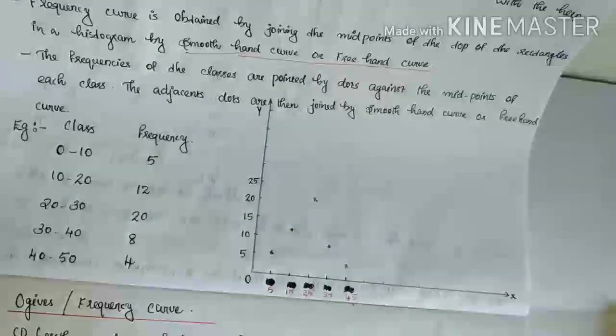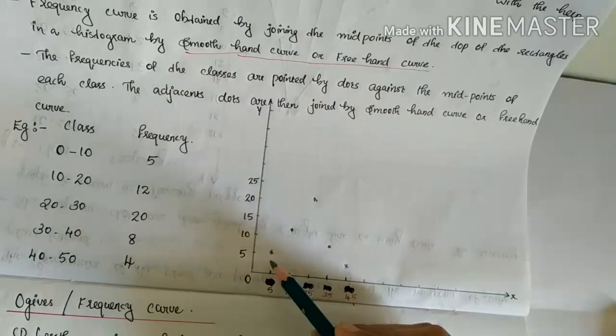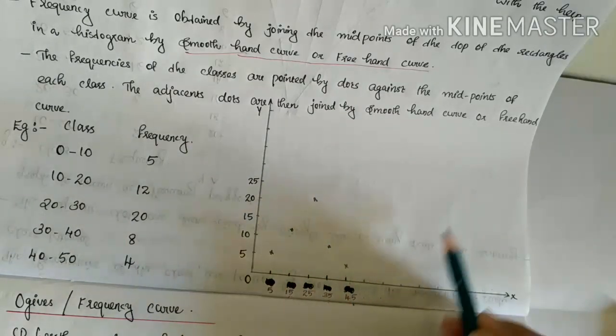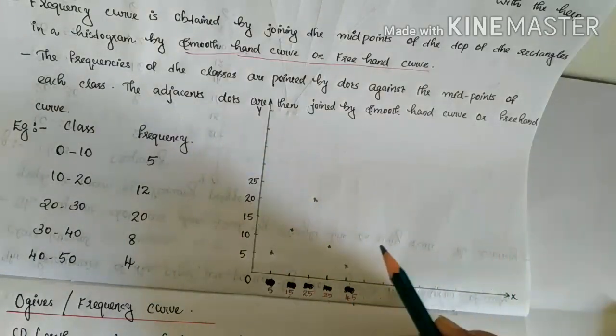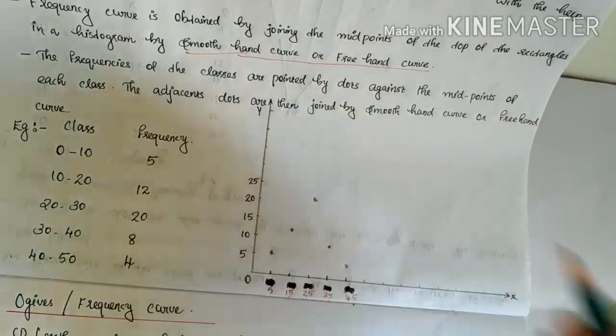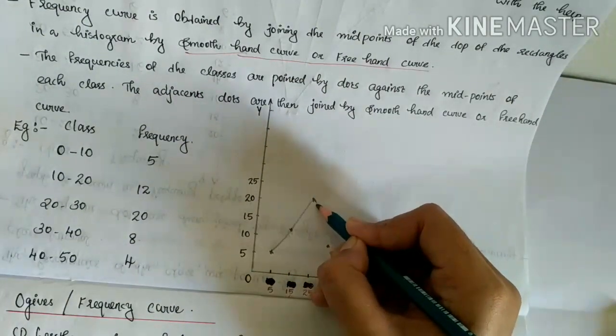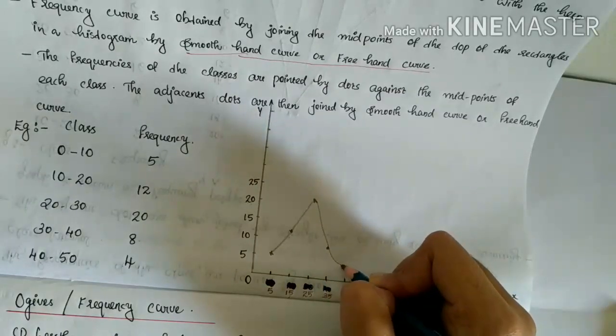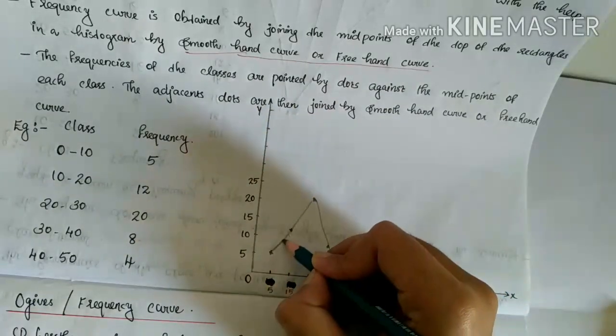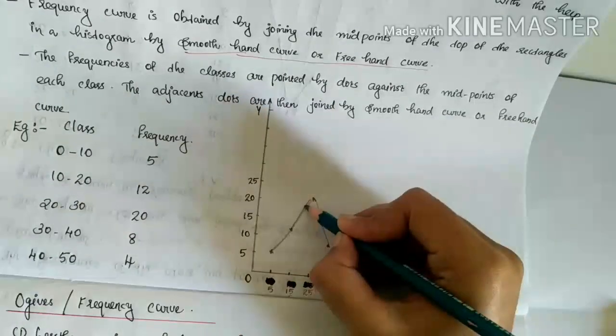After plotting the dots, you have to draw a freehand smooth curve. The smooth hand curve or freehand curve is not done using a scale. You have to join the points by freehand.